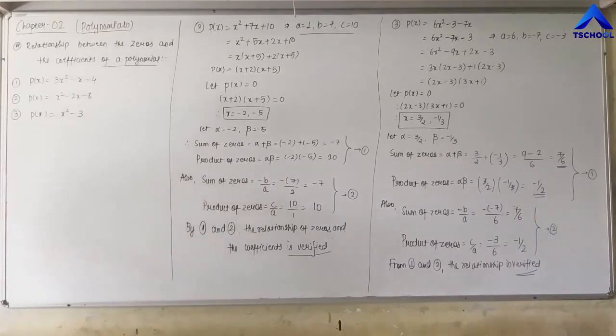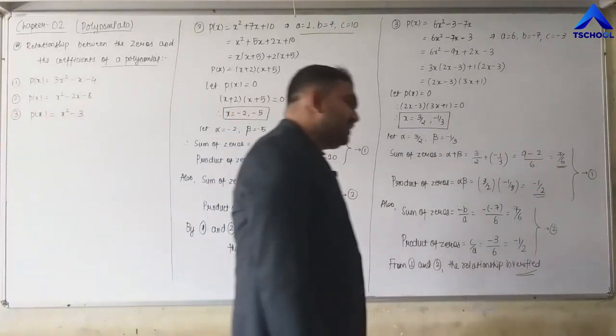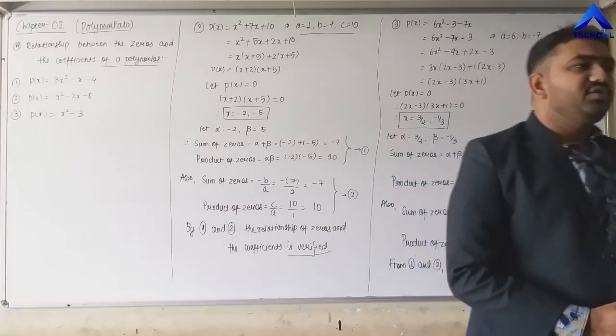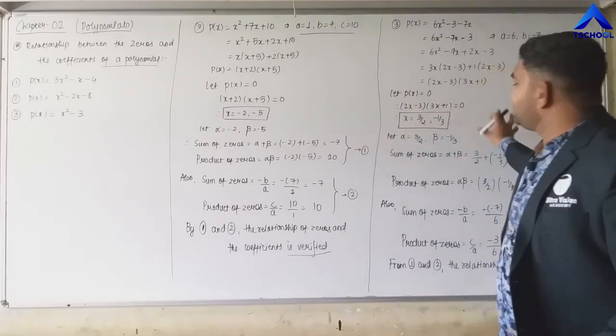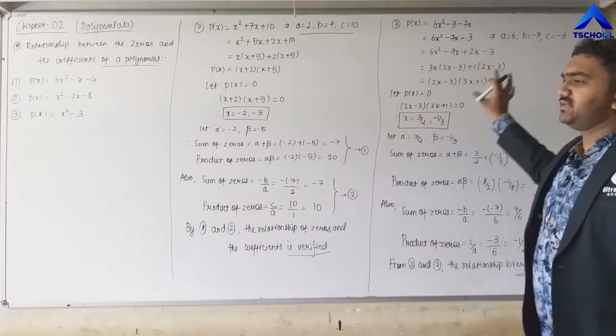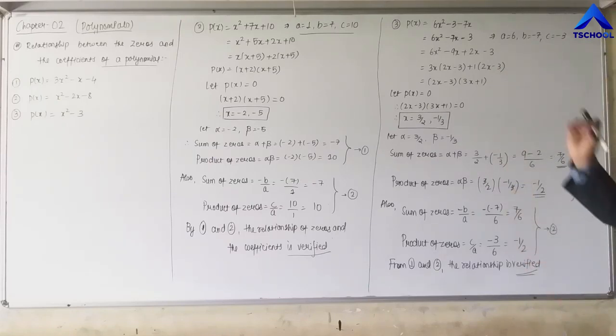See, the term with the variable x is absent here in the third question. So, try to do it by yourself. It is a very easy example. You just need to follow these formulas, this method here, and try to do it by yourself.